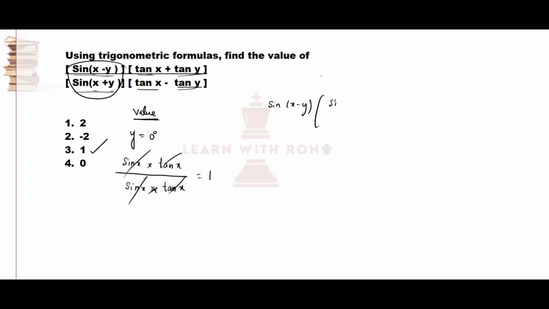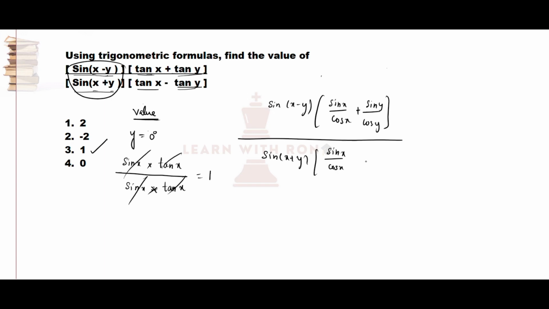Tan x can be written as sin x by cos x, right? And tan y can be written as sin y by cos y, right? Similarly, in the denominator, sin (x plus y) I left as it is. I can write tan x as sin x by cos x minus sin y by cos y.